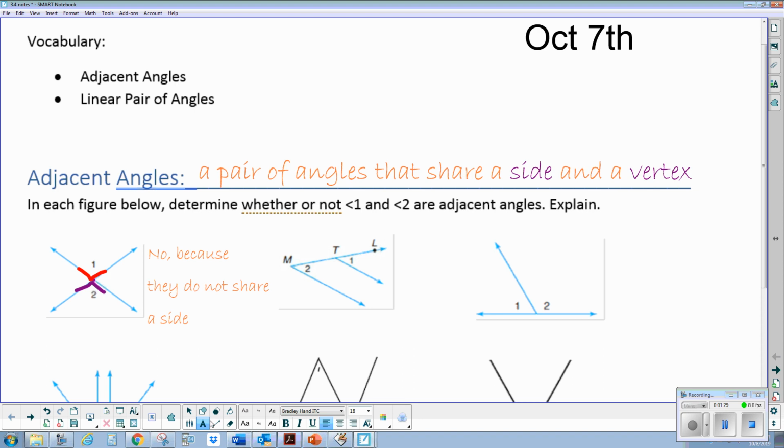Let's look at this second example. First, let's look at the vertices of the two angles. Here's the vertex of angle 2, and here's the vertex of angle 1. Although this is a shared side of both of the angles, the two angles do not share a vertex. So here again, no, because they don't share a vertex.